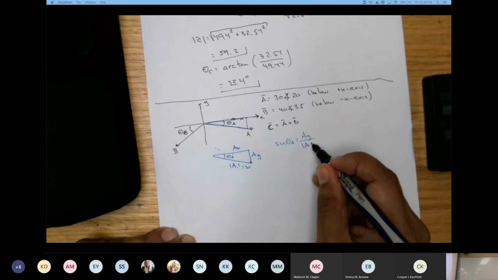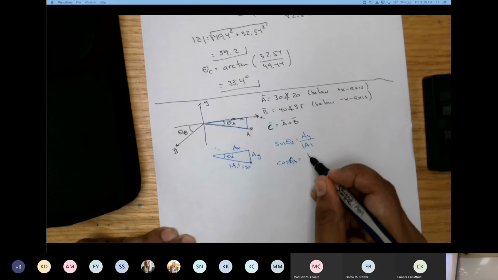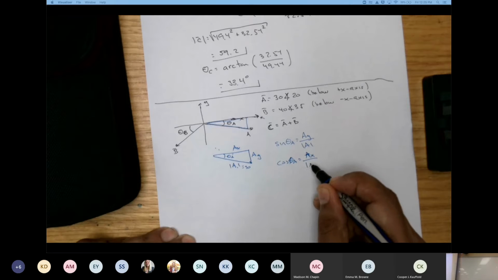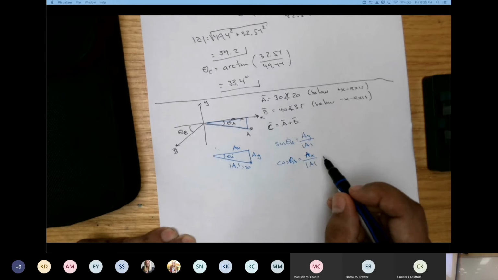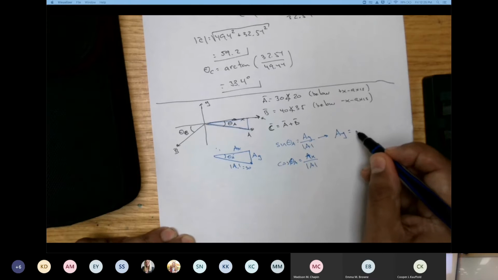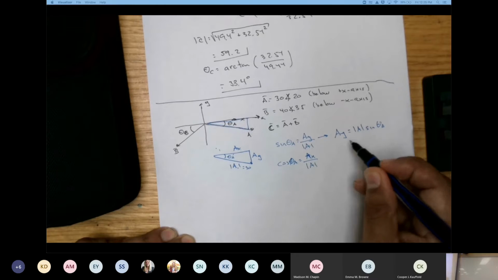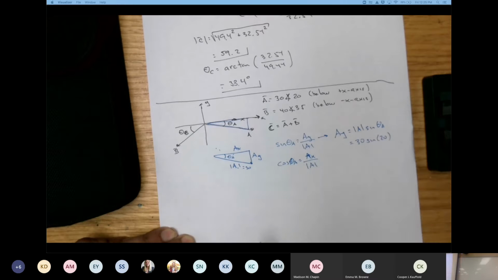And cosine of the angle is gonna be the adjacent over the hypotenuse, and the adjacent is the component x. So from here, the y component is going to be the magnitude times sine of the angle. This will be 30 sine of 20, and that's going to be equal to 10.26.